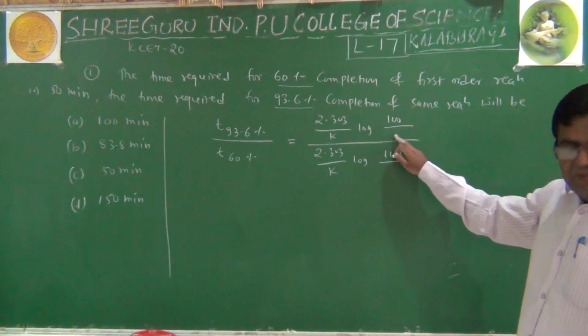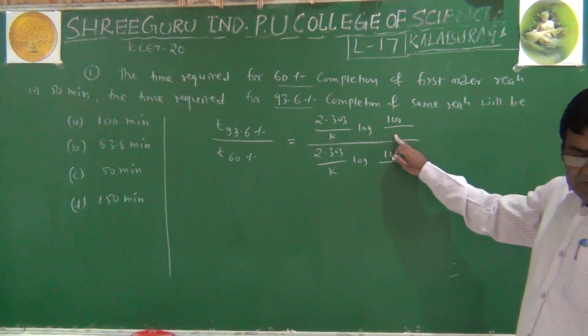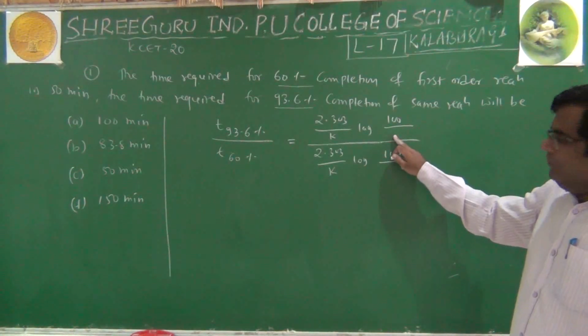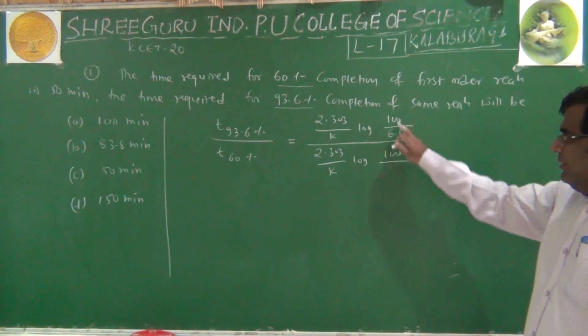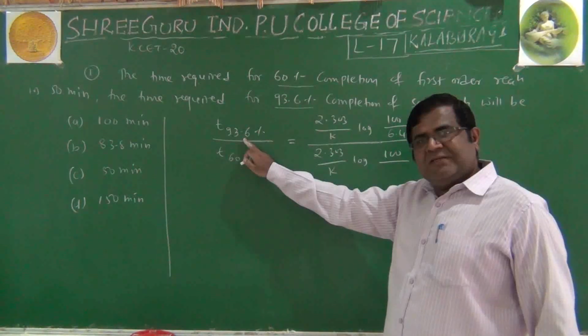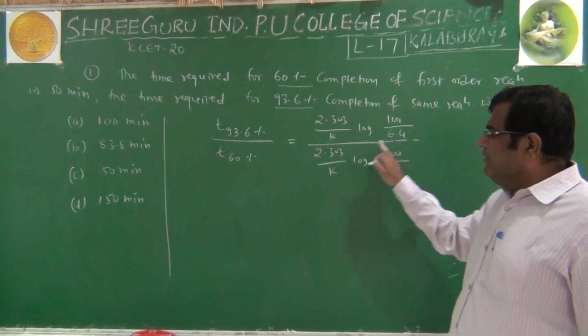The concentration that remains is 6.4. 100 minus 93.6 is the concentration remaining.